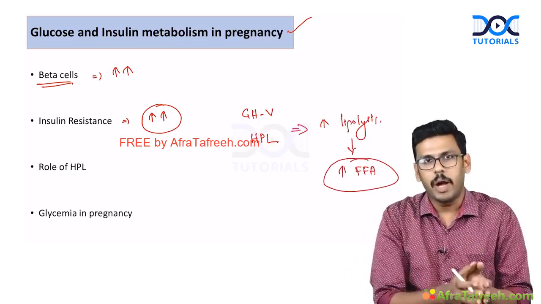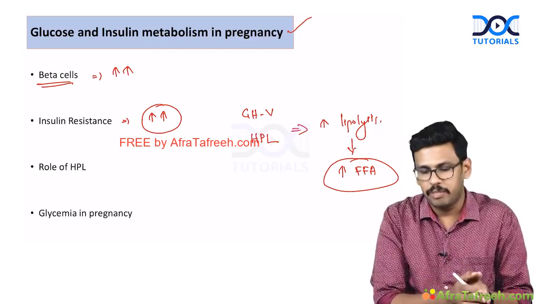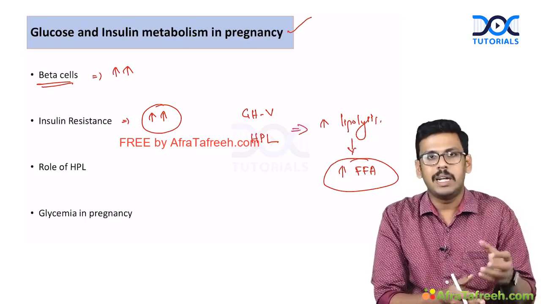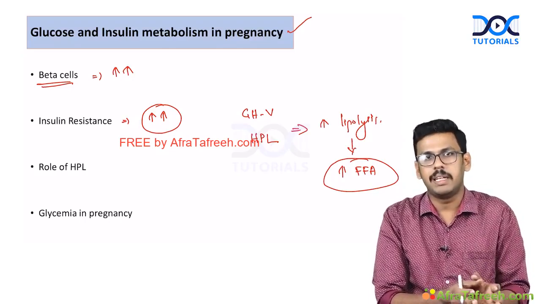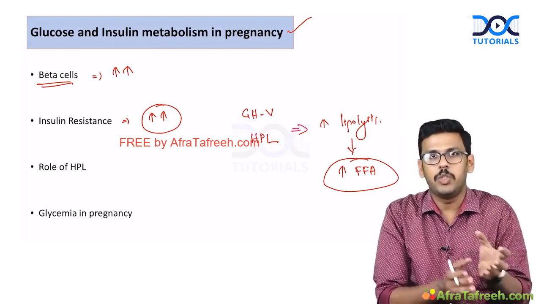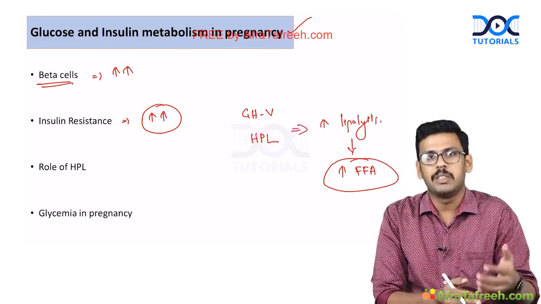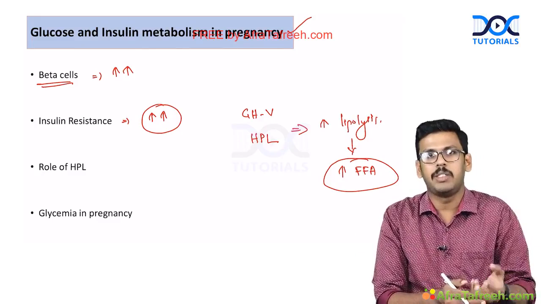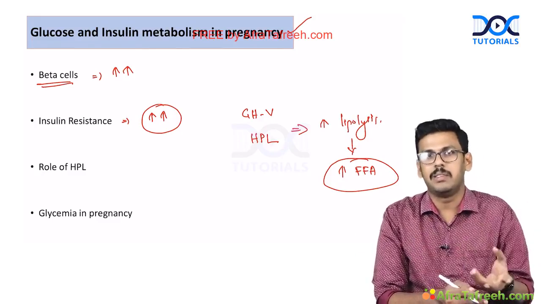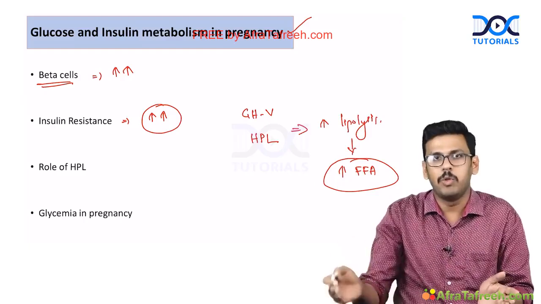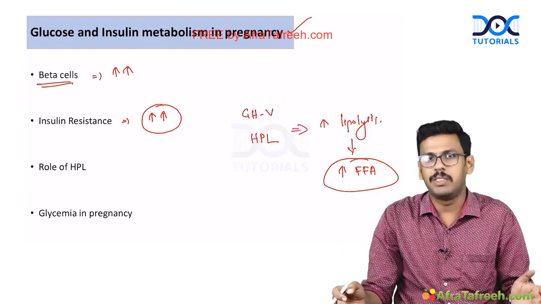And the reason for excessive lipolysis by the HPL is that when the maternal concentration of free fatty acid increases, the mother will be forced to use fatty acids more as the energy substrate, due to which the glucose and the essential amino acids can be transferred to the fetus. This is actually an adaptive mechanism so as to ensure the adequate supply of glucose as well as the amino acids to the fetus.